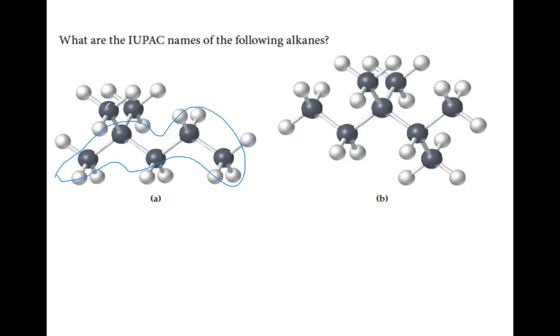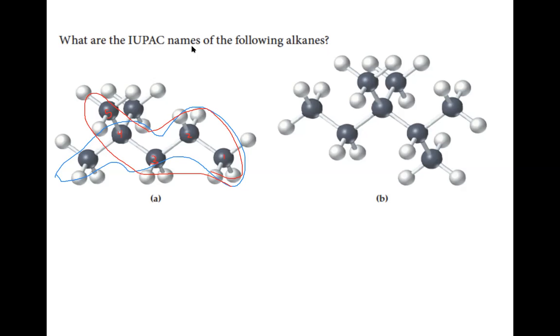Now, we could also say that this is a 5-carbon chain as well, right? 1, 2, 3, 4, 5. And so if we did that, our branch wouldn't come until the 4th carbon. So that's no good.